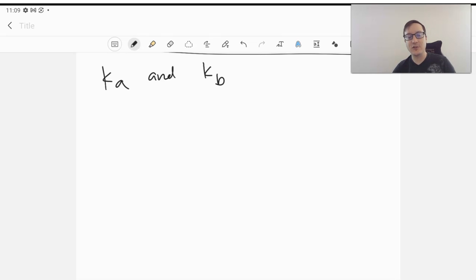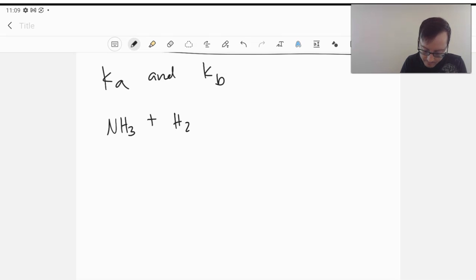We're going to see in this section that Ka and Kb are related to each other for a conjugate base pair. We will see that if we consider our favorite substance, ammonia, are always our favorite, right?